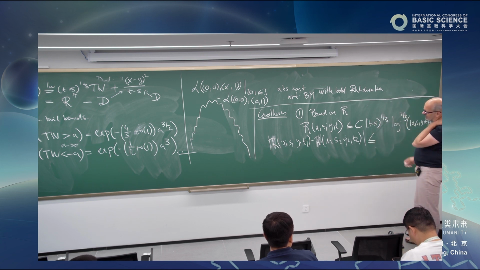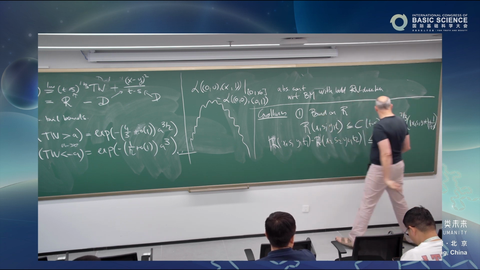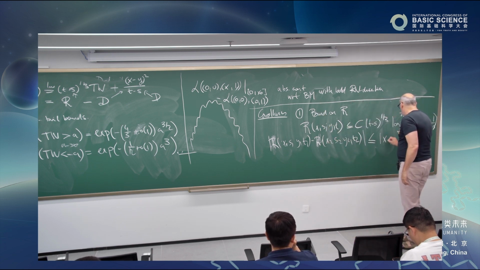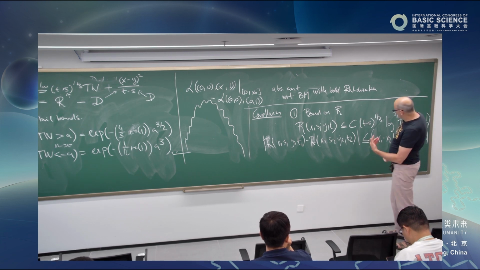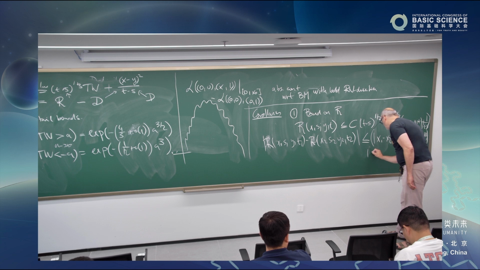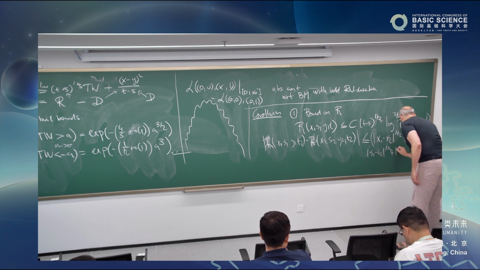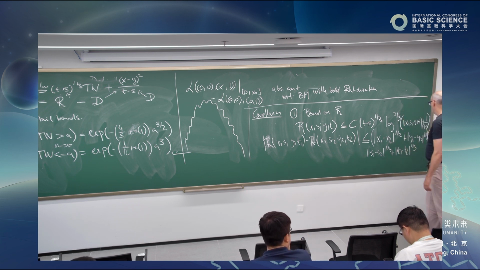First of all, you're going to have some Hölder type norms. In the spatial direction, because of the Brownian motion, you get something like |x1 minus x2| to the 1/2, that's just the Brownian thing, plus |y1 minus y2| to the 1/2. In the time direction, because of the 1/3 scaling, you get |s1 minus s2| to the 1/3 plus |t1 minus t2| to the 1/3.